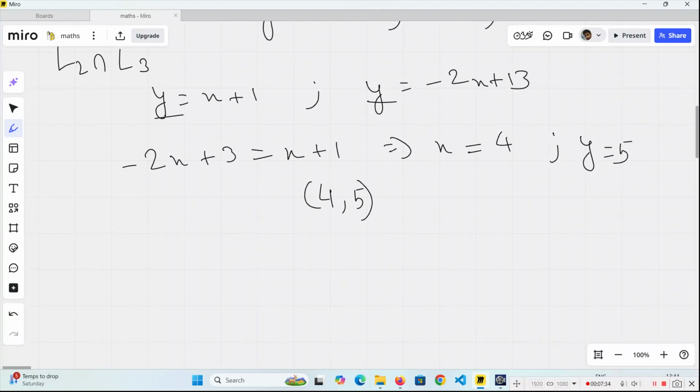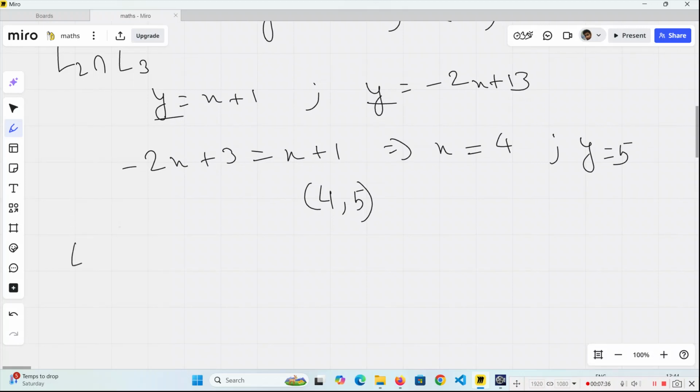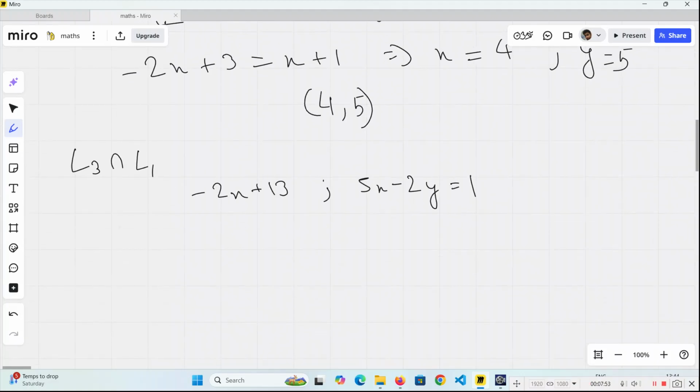So I got the intersection point for L2 intersection L3. Now at last we have to find the intersection point for L3 and L1. L3 is y equals minus 2x plus 13, and L1 is 5x minus 2y equals 1.